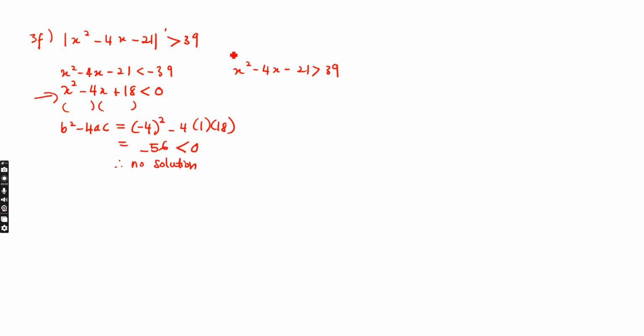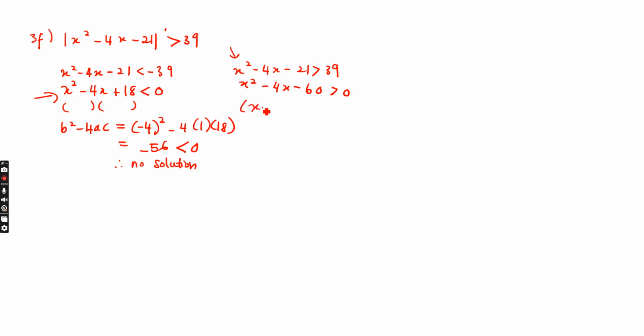Now we can continue to solve the second one here, x squared minus 4x minus 21. So you move 39 to the left side, so you're going to get x squared minus 4x minus 21 minus 39, which is minus 60. Next, we're going to solve it using factorization, or if factorization is not easier, you can use the calculator here.